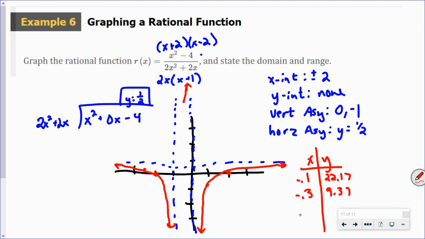Okay, if I pick -0.5, I get 7.5. But if I go all the way to like -0.9, I'm back up to 17.72. So it does come down and turns back around. Okay, kind of a parabola looking thing in here.